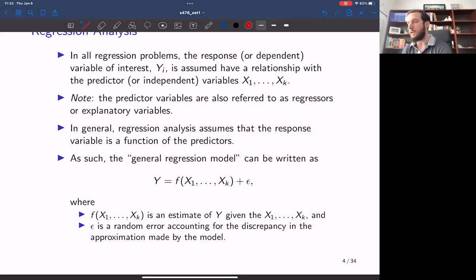So in the most general case, we have the regression model shown here on slide 4, where we have y equal to f of x, or f of x1 through xk, plus some epsilon, which is an error term that is basically associated with the model because we know we're not going to have a perfect fit of that function to the response variable. Okay. Any questions? Cool.